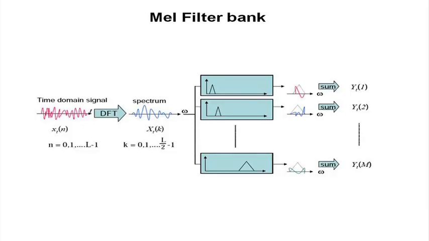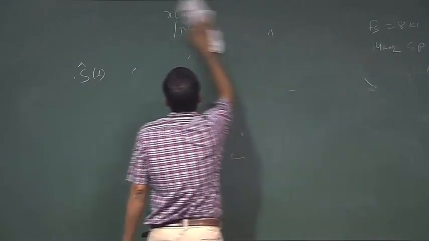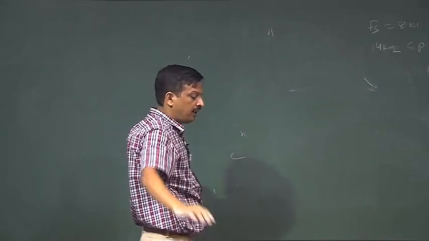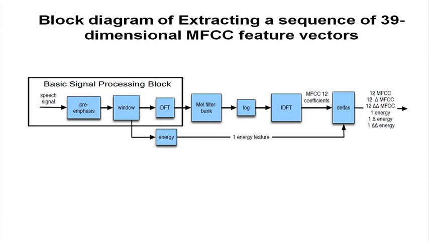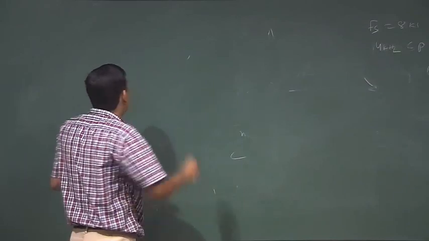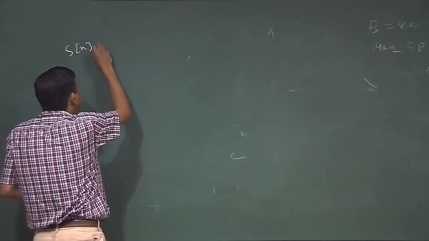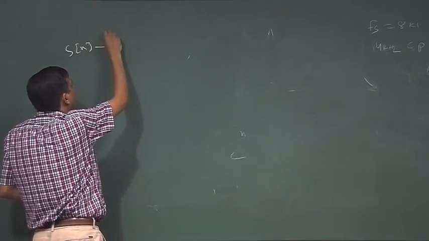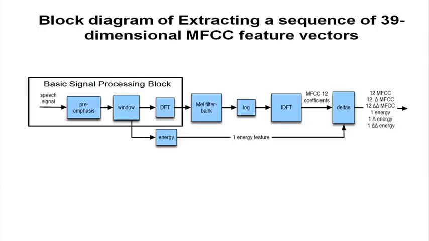Now, how do you design those things? What should be the block diagram? I am describing the complete block diagram of mel frequency. The basic signal processing blocks remain the same: pre-emphasis, windowing, DFT. If S[n] is my signal, I pre-emphasize it, and after DFT, I am not writing the pre-emphasis and windowing part.